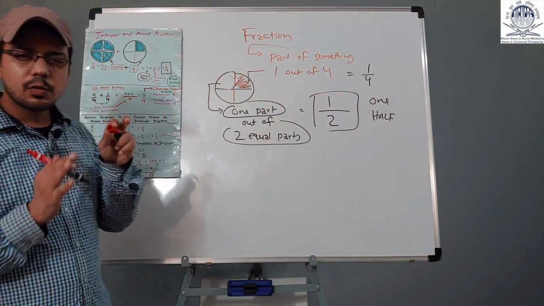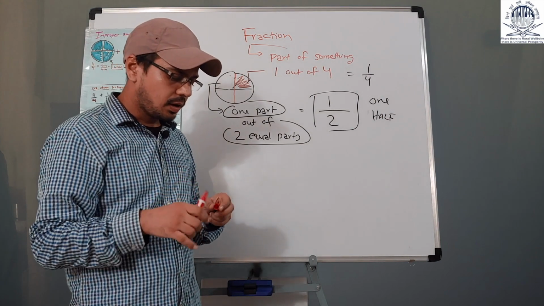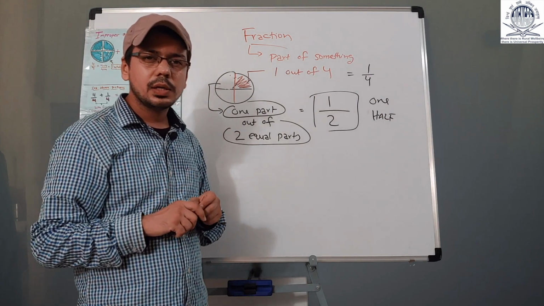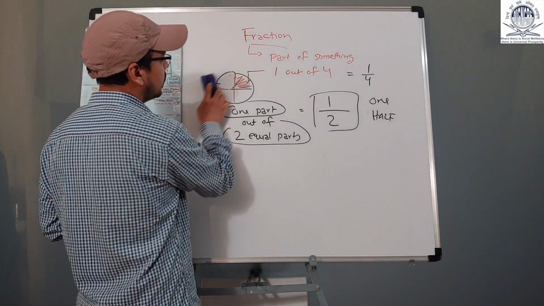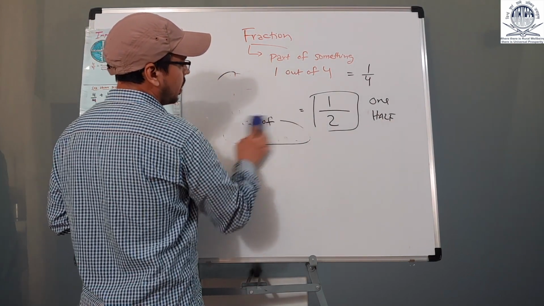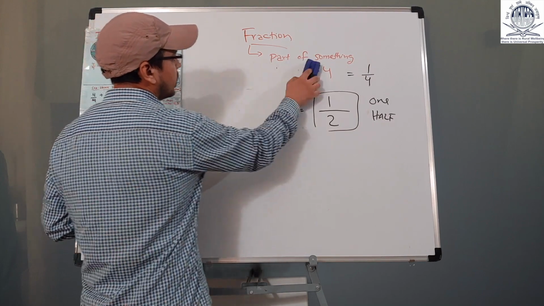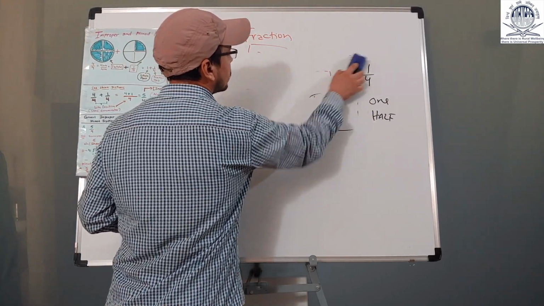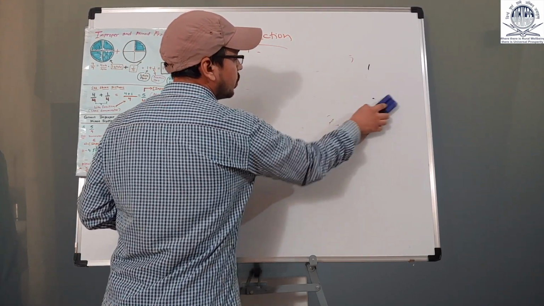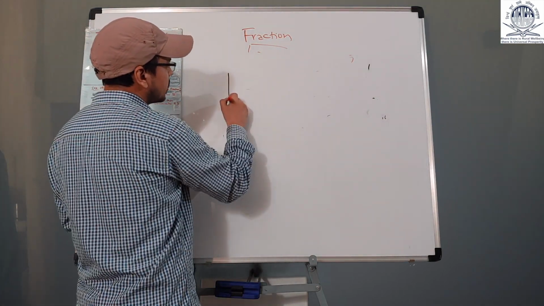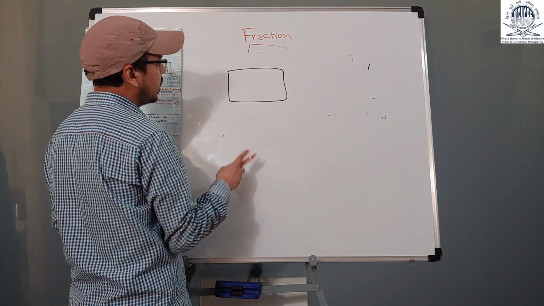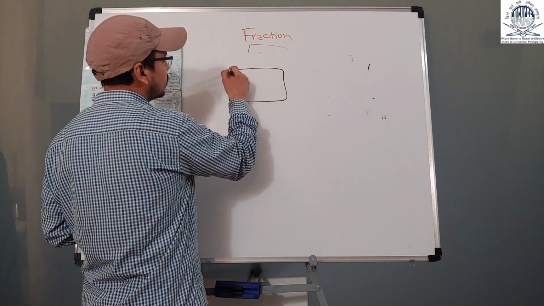Now this is something very basic of fraction, and one thing which might be essential to consider at this point is, what if we have another figure? Let's draw that figure and try to understand. The figure might be something like this, and I'll just take some very small portion of it like this.